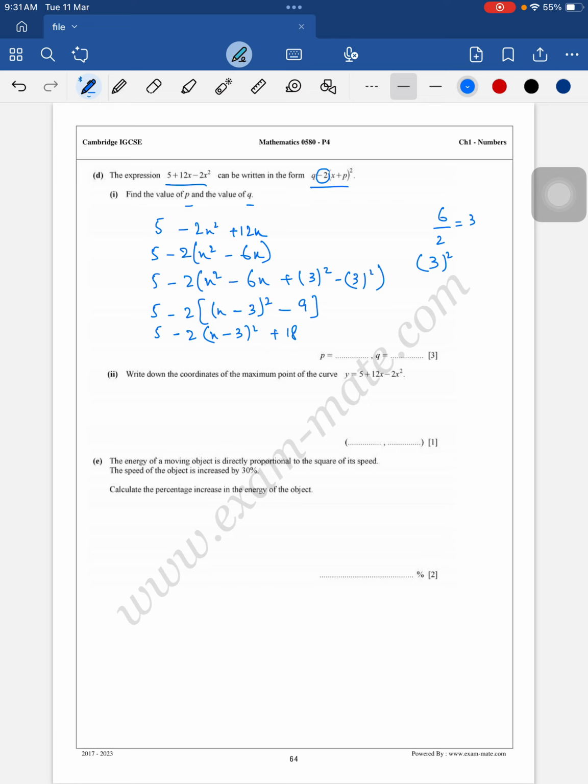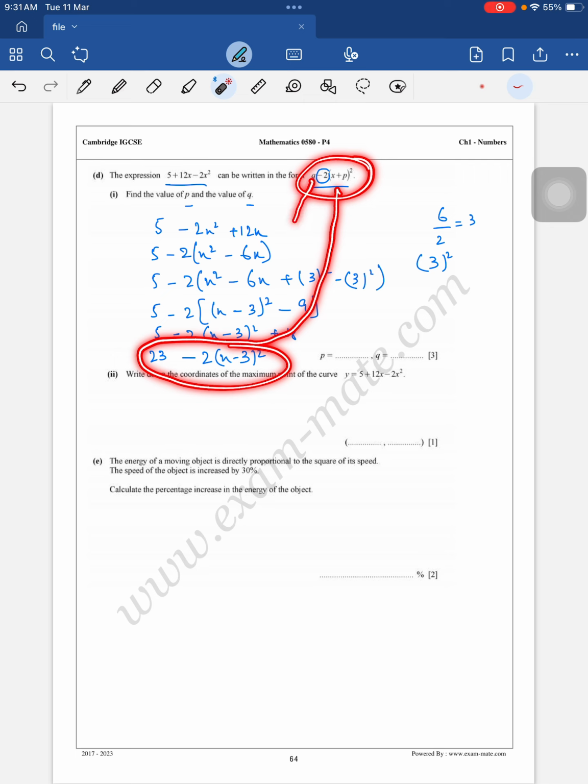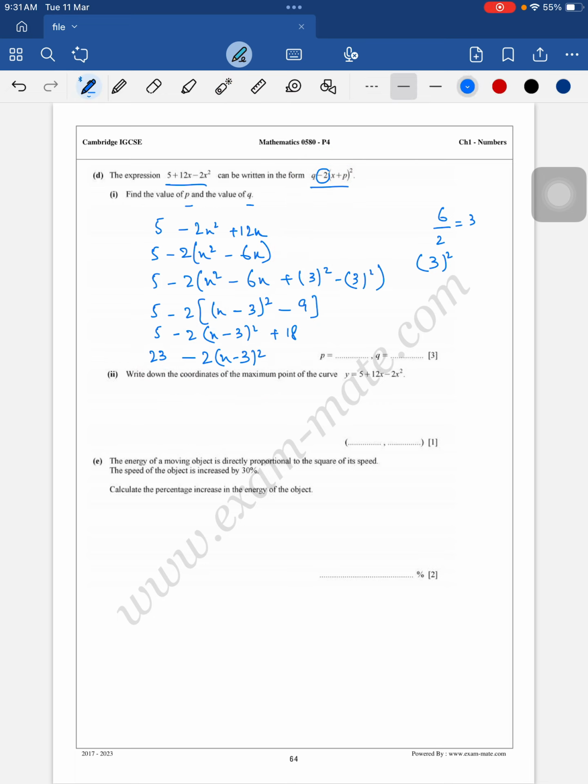So plus 18 will come over here with 5, so 23 minus 2 x minus 3 the whole square. Now if you compare this with the form given in the question, q corresponds to 23 and p corresponds to minus 3. So p is equal to minus 3, q is equal to 23.